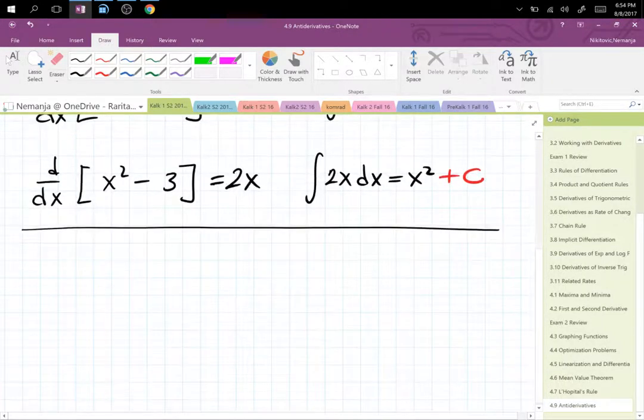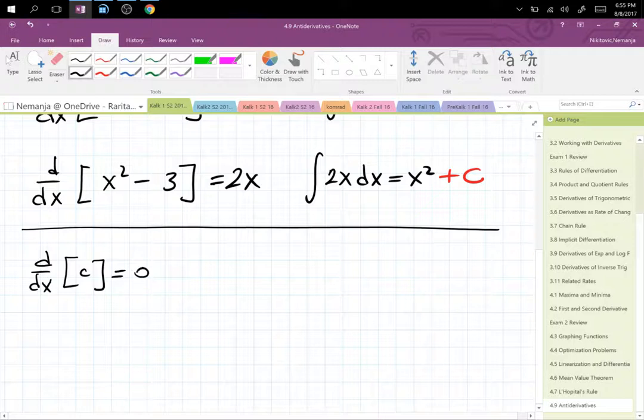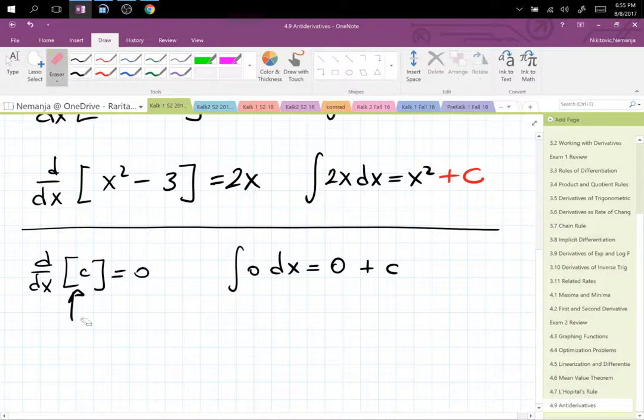Now, the integration chart is your derivatives backwards. You learned that the derivative of a constant is 0. That means the integral of 0 dx is going to be 0 plus some constant c, which is the constant that was there earlier.